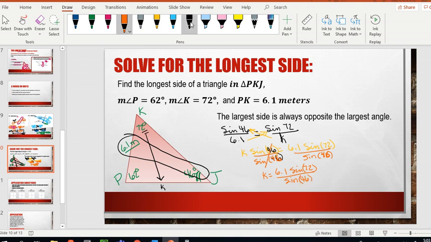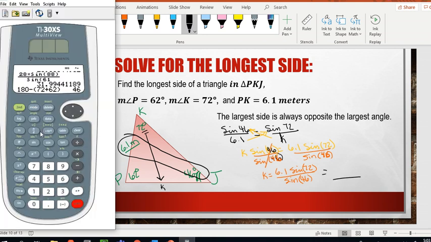Okay, all right, so to finish this out and get my answer, this is where it has to go in the calculator. So I'm just going to do N over D, and I'm going to do 6.1 times sine of 72, close parentheses, over sine of 46.